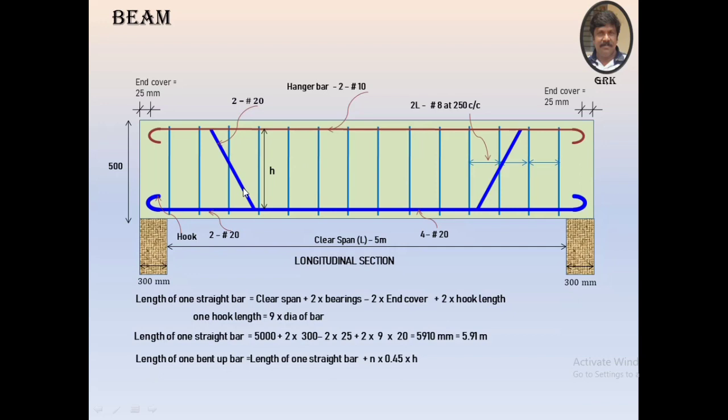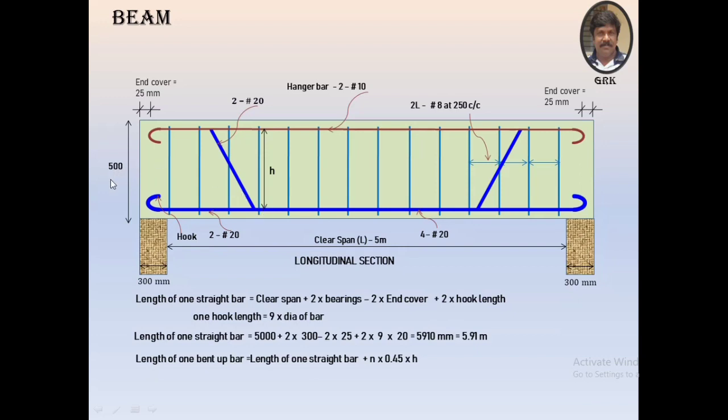In this figure you find that cranking has been done on two sides, therefore the n value will be taken equal to 2. H is measured from the center of the top reinforcement to the center of the bottom reinforcement. This is the h value.